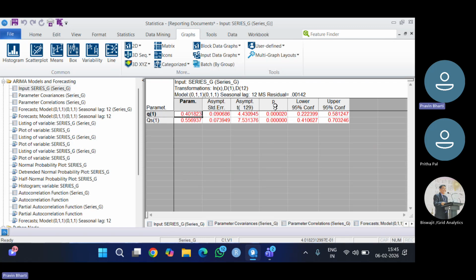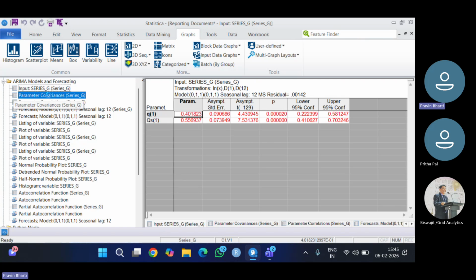So this means here we have a large reduction in the sum of squares, a low mean square error on log scale data, with statistically significant MA and seasonal MA terms. So this supports the claim that the model is accurate and well specified.